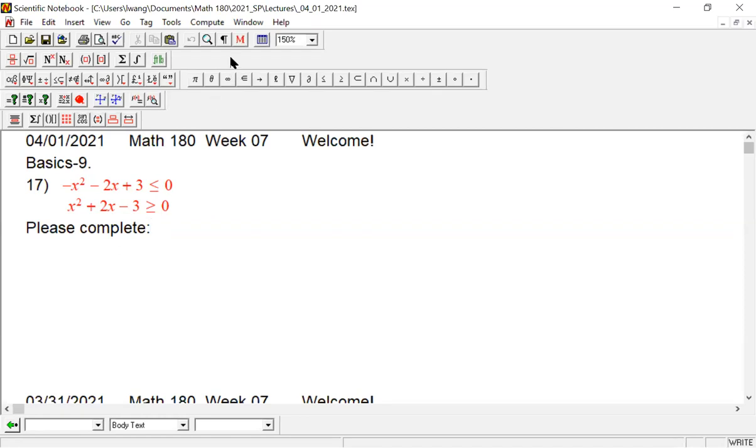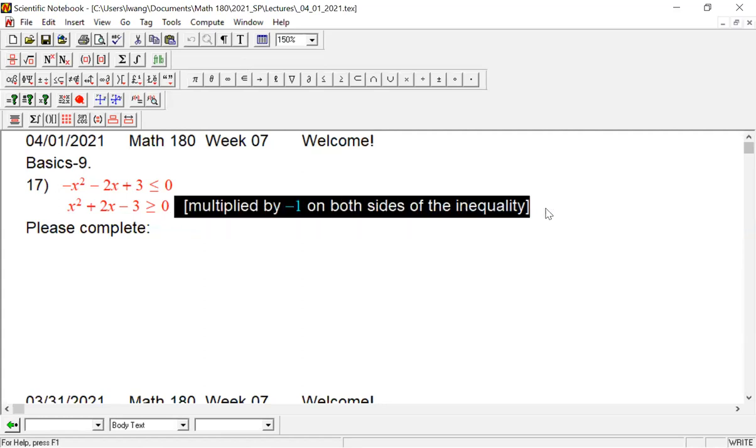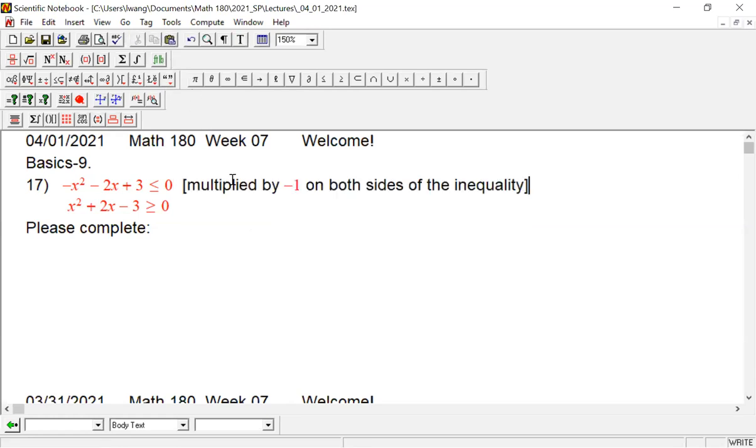Okay, so let me put a little note here. Multiply by -1 on both sides of the inequality.